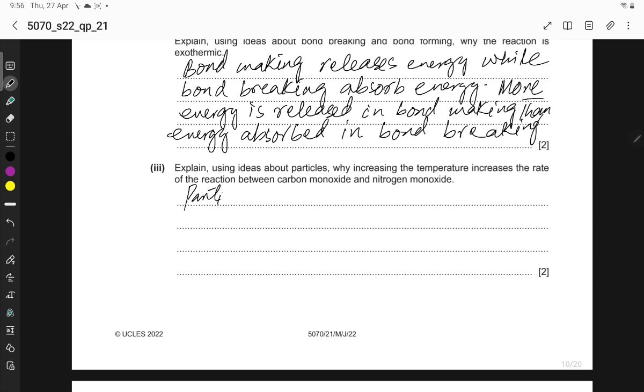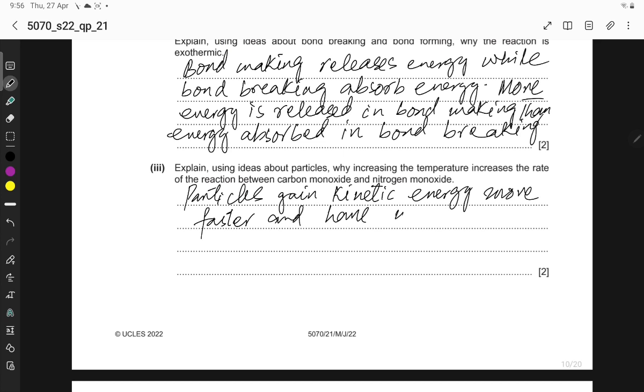Particles gain kinetic energy, move faster and have more successful collisions between the particles.